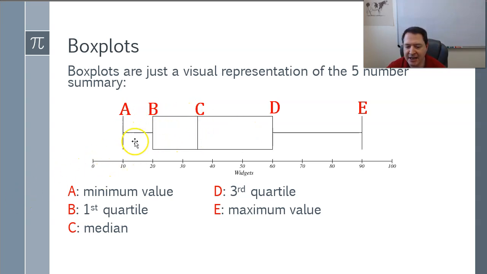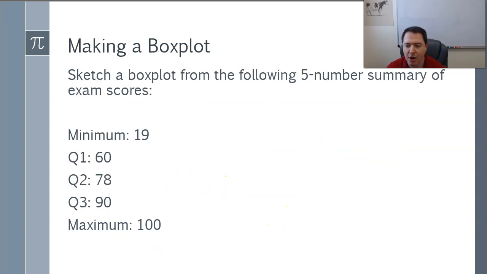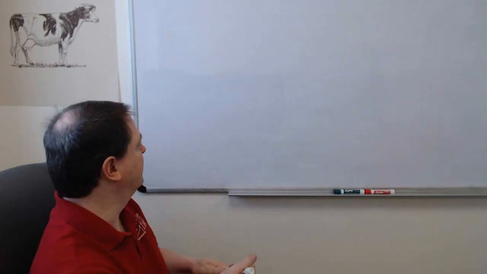So now we've seen how I can use a box plot to get these 5 numbers. What if we started the other way and we had the 5 numbers and we wanted to get a rough sketch of what the box plot looks like? Okay. So we've got a minimum of 19, a maximum of 100. I want to start there because I need to make a number line.